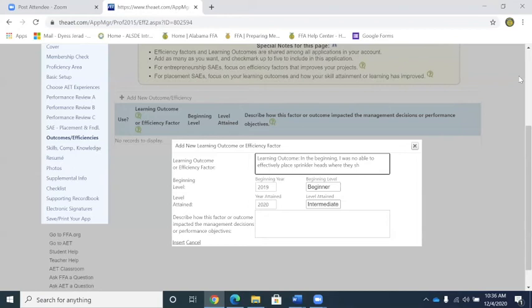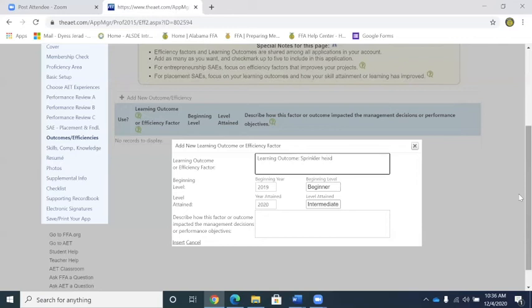And then at the bottom, how's that going to affect management decisions? Someday I hope to have my own business, and I'm going to need to know how to place sprinkler heads so they properly water the areas that need water.